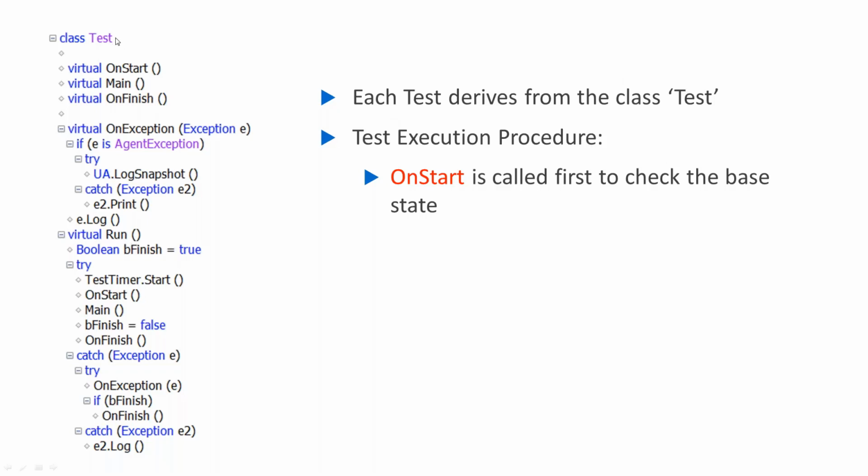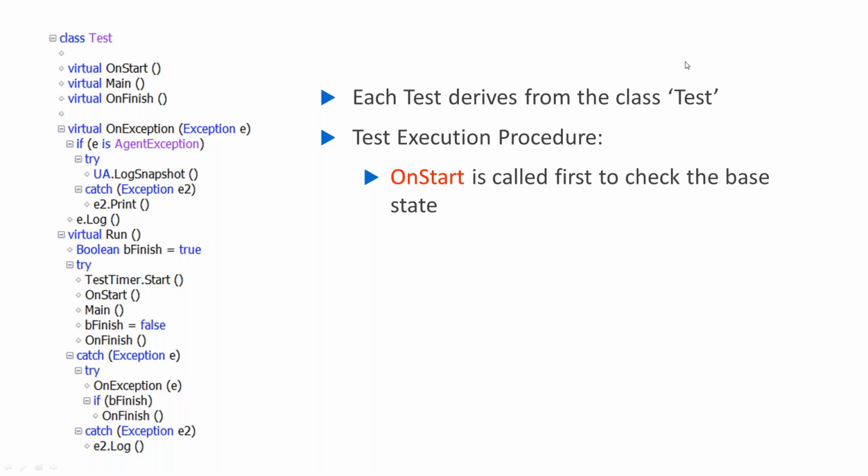And you'll see that in this test class, we have a bunch of virtual methods. We have onStart, main, onFinish. Then there's onException. Again, this is built in, you don't touch this. Run, built in, you don't touch this. The ones that we modify are really up here.